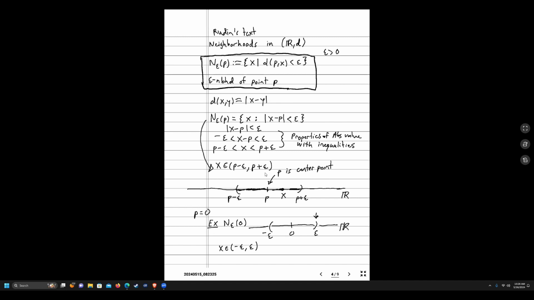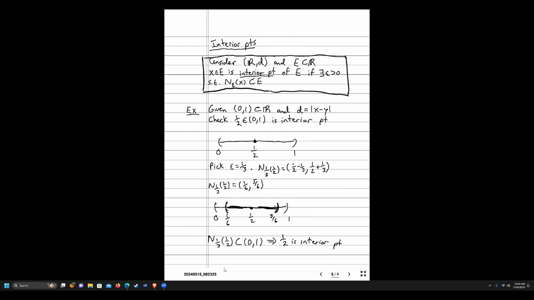And so P plus epsilon would be 0 plus epsilon, which is epsilon. And our left endpoint, that is our P minus epsilon. Well, that's 0 minus epsilon, which is minus epsilon. And so this is just an epsilon neighborhood around the center point 0 on the real number line. And again, I'm by assumption using the distance, or metric, being the absolute value between 2 points.